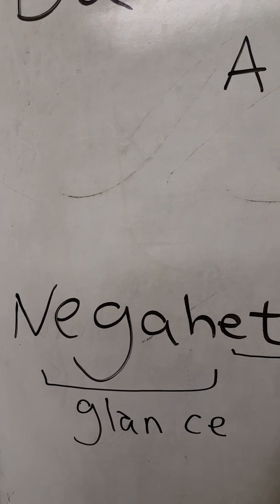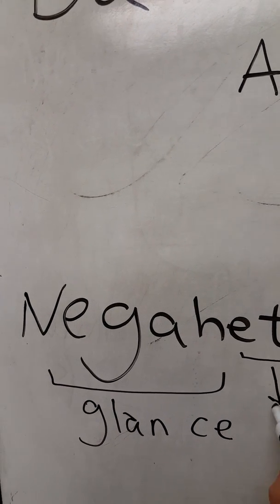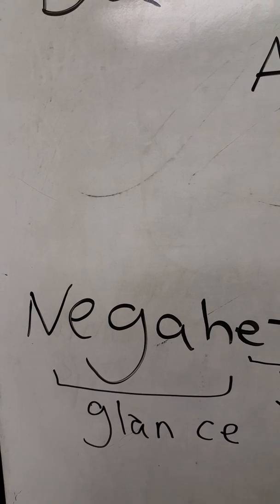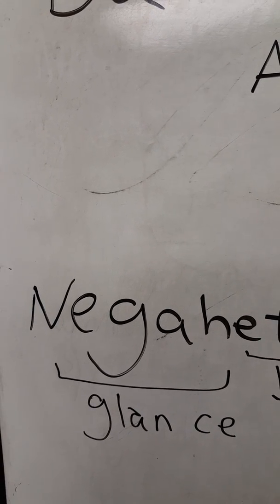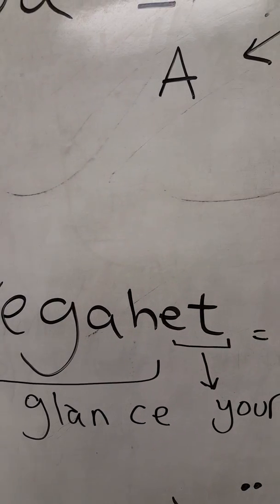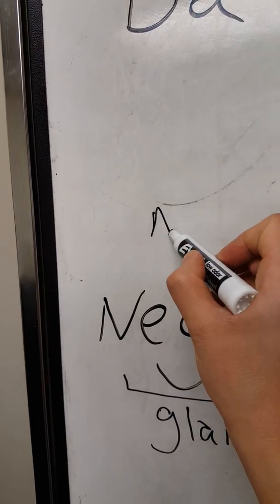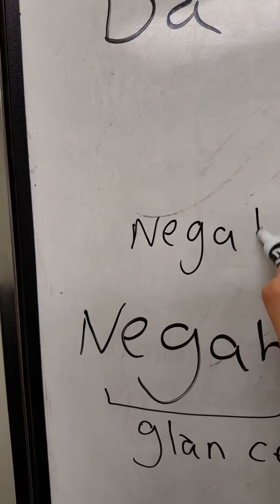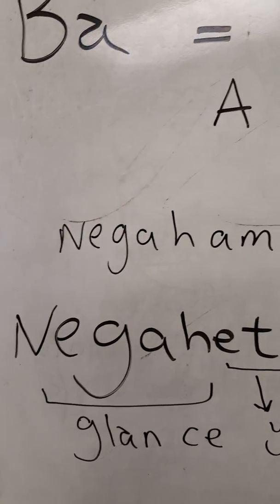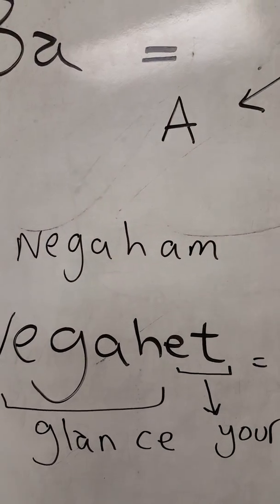When they attach et at the end of it, that means your glance. It belongs to you. So if it wanted to say my glance, it would have said نگاه هم. But it's saying your glance, نگاهت.